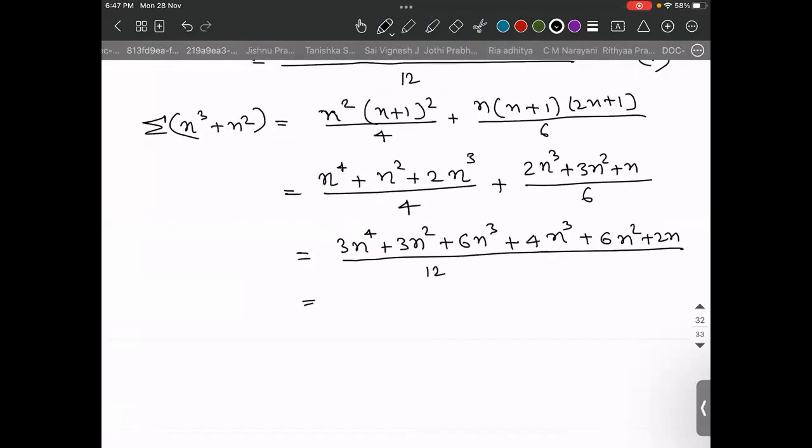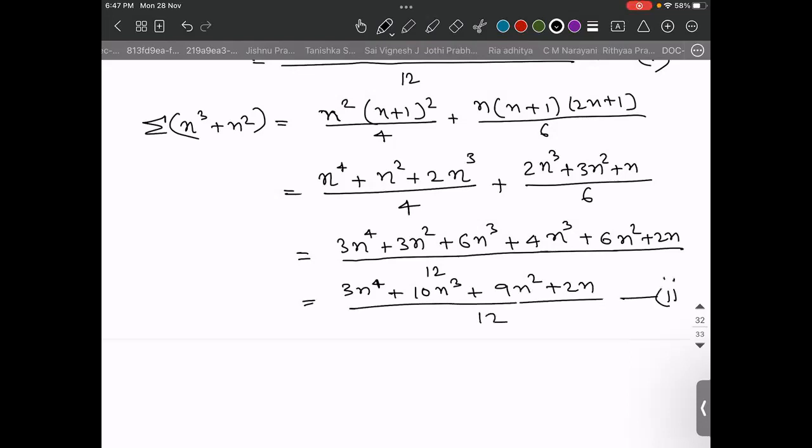So this will become 3n to the power of 4 plus 10n cube plus 9n square plus 2n upon 12.